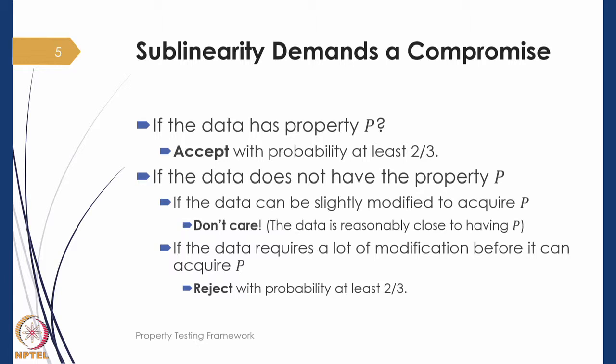And they also make sense from practice because typically we are willing to live with a little bit of compromise on the accuracy. And if the data set is close to having the property P, we will be willing to compromise and say we don't care if the question is answered correctly or not.